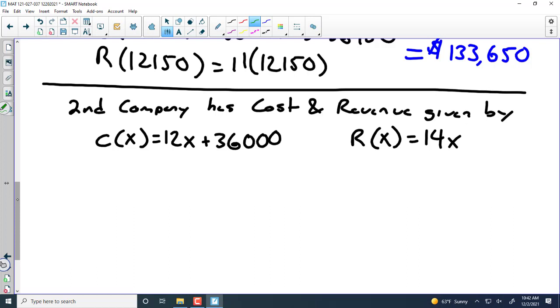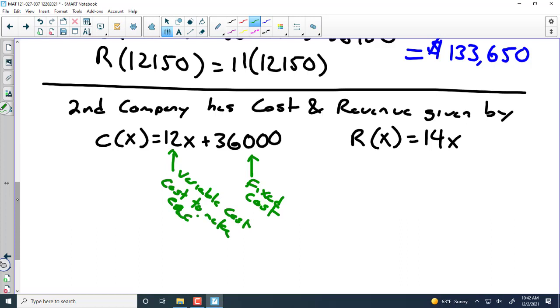I'm just using different numbers. What people often call this is the fixed cost: the cost the company has to pay regardless of how many items they make. Maybe rent on their factory. What this 12 represents is the variable cost, or cost to make each item. What the 14 over here represents is the selling price of each item.